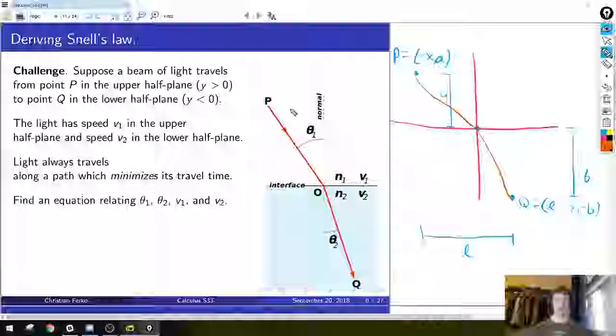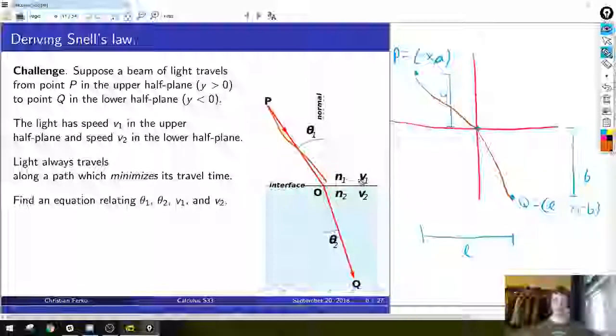The slope. That would be true if this were a position versus time graph, right? Because velocity is the change in position over change in time. This is a two-dimensional trajectory, right? So this slope of P has nothing to do with V1. This is like x and y, right?